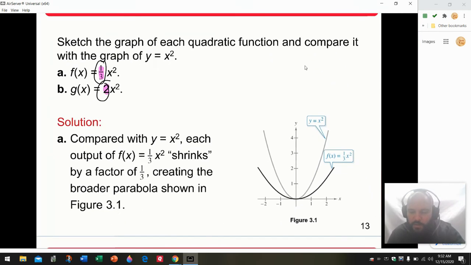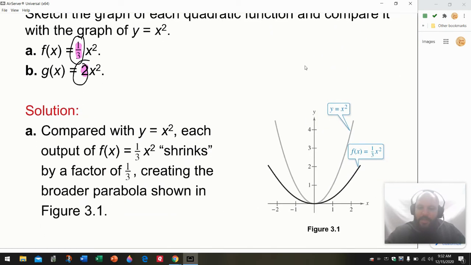As we look at the graph here, the easiest graph to start with is just y equals x squared. You can see that graph right here in gray. If I were to make a table for that graph, I'd start at 0, and I could do -1, -2, like this.